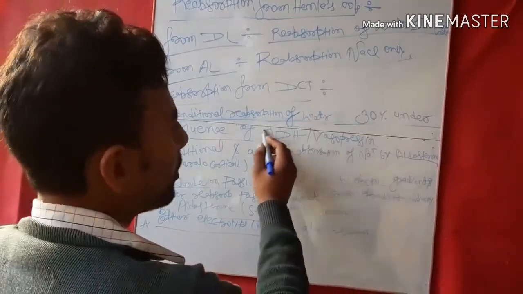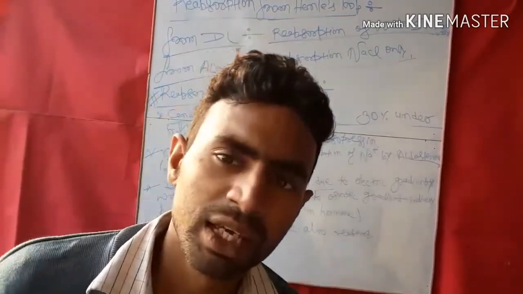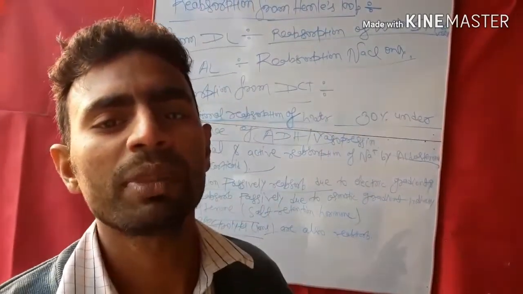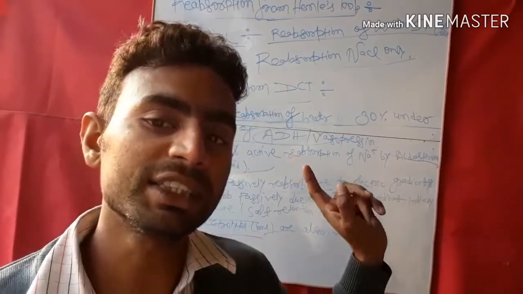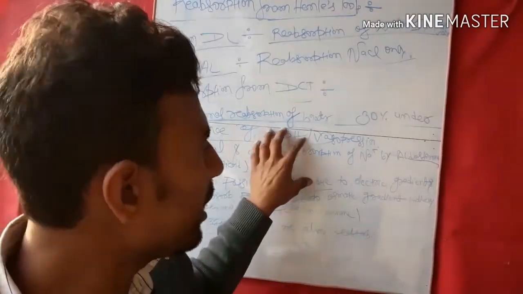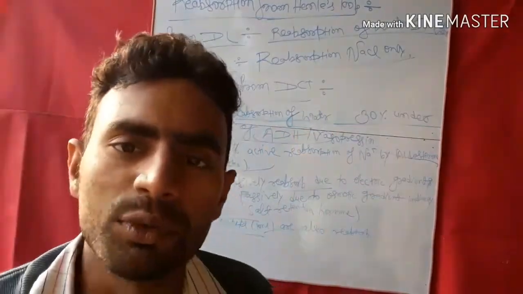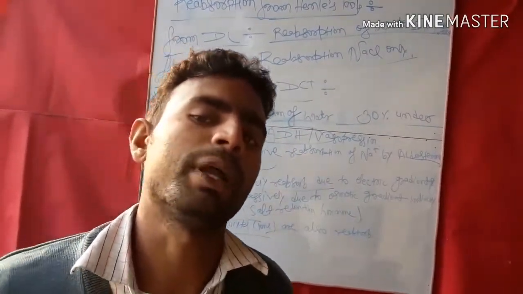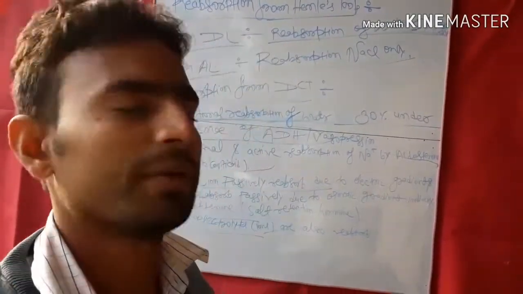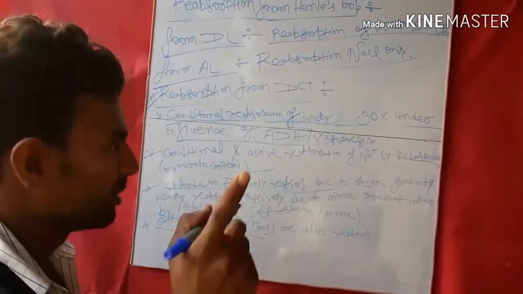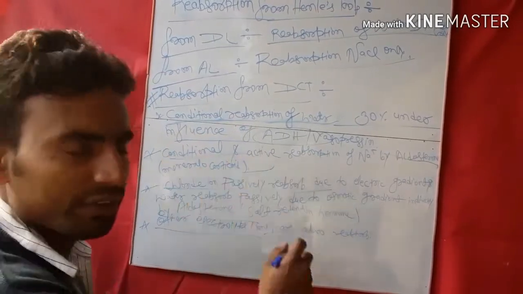If ADH influence does not happen, then water reabsorption will not happen in the distal convoluted tubule. So it is conditional reabsorption. If ADH secretion happens, then water reabsorption will happen.